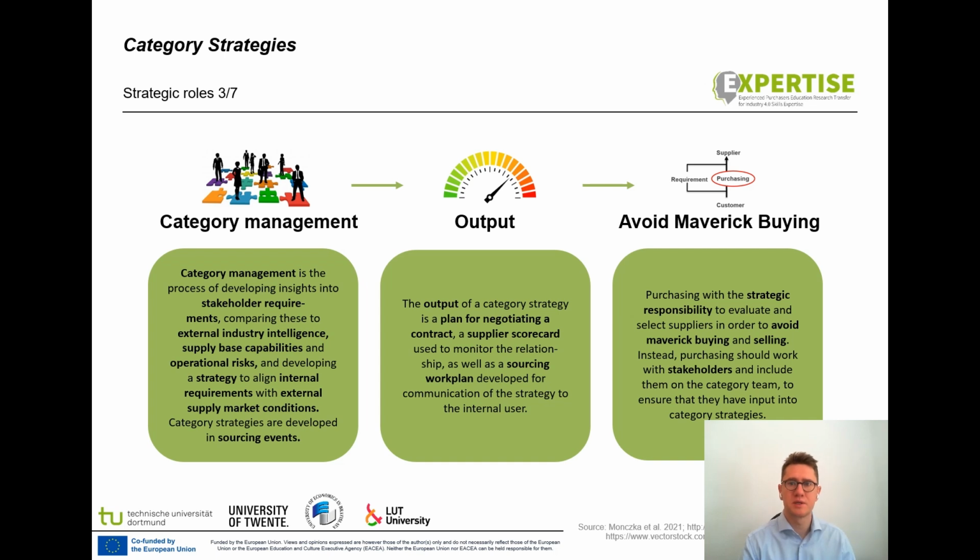Category management is the process of developing a deep understanding of stakeholder requirements, comparing these to external industry intelligence, analyzing supply-based capabilities, and assessing operational risks. The goal is to develop a strategy that aligns internal requirements with external supply market conditions.